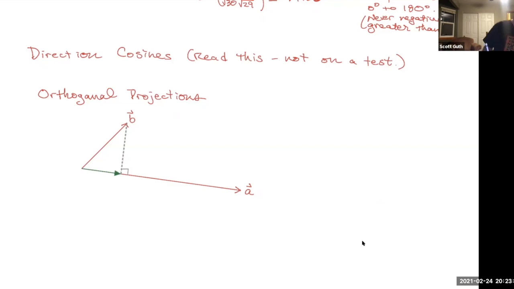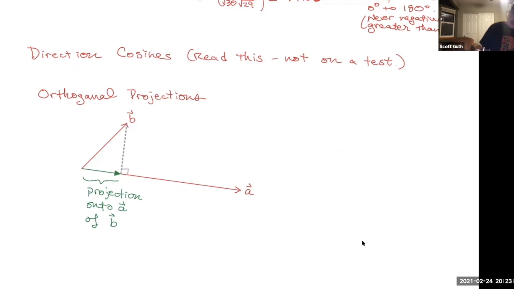Okay, so in green here, this is called the projection onto A of B. Now, to me, that just looks like a trig problem.